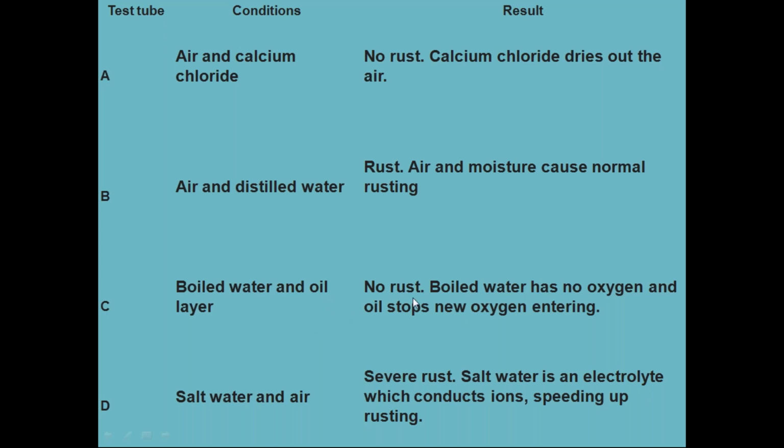And in the last one, we have salty water and air. Again, everything seems fine, and rusting will even happen faster because, if you remember, we said that salt increases the rate of rusting, so it will speed up the process of rusting.